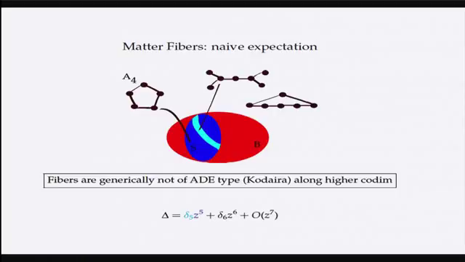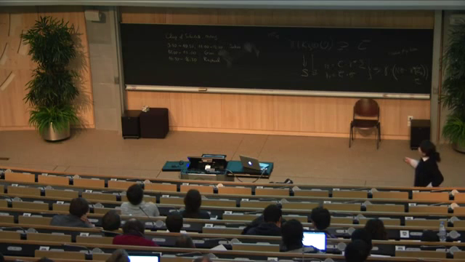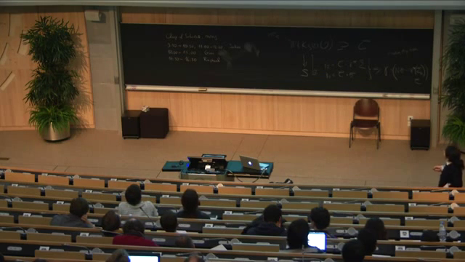So what we expect here is that the A4 actually becomes either an A5 or a D5 singularity. So in the fiber, there should be additional components appearing that enhance the fiber in this way. Okay, so naively, this is sort of what you would think, and in fact, this is also what happens.